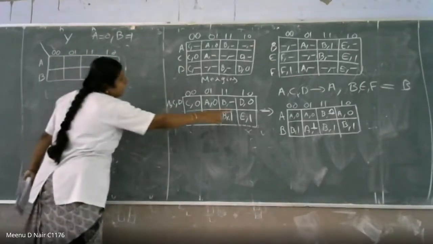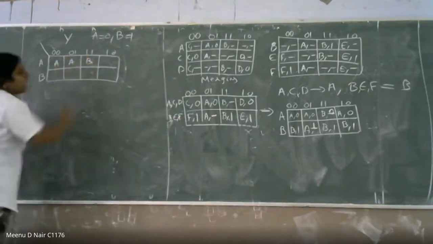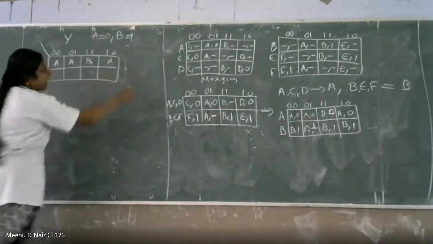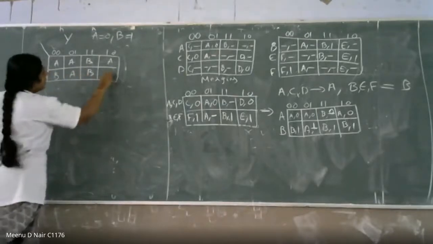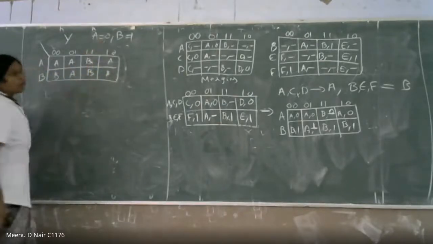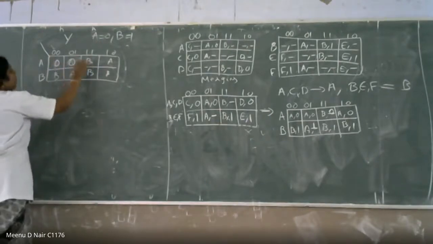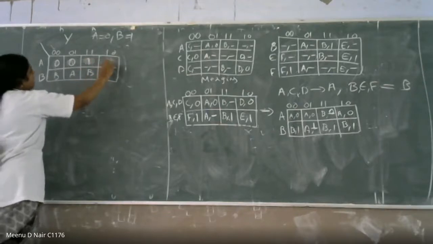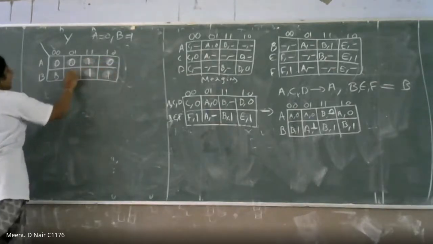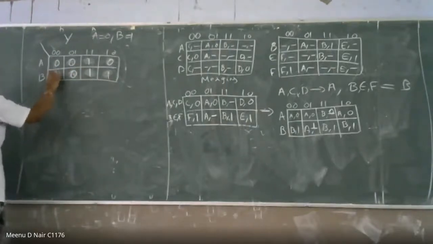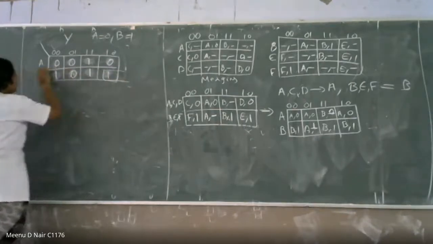You are taking A is A. This is A, B, A, and the last line is B, A, B, B. You are replacing A as 0 and B is equal to 1. So this is 0, this is 0, B is equal to 1, A is equal to 0, B is 1, this is 1, A is 0, this is 1. Okay, so you find out the schema value.